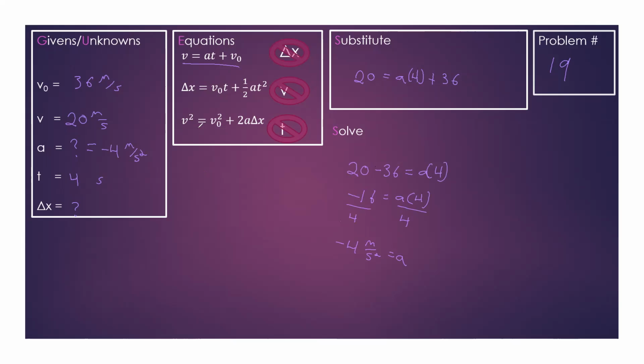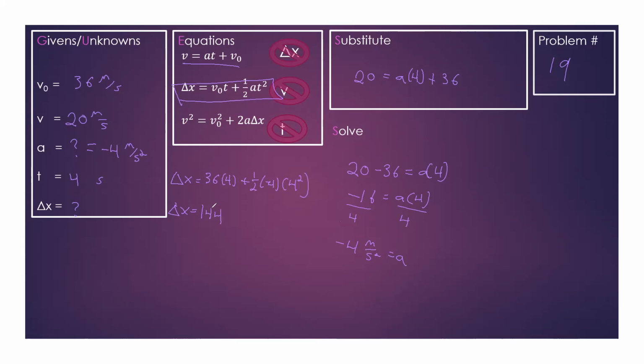Now that I have that, I can use anything to solve for delta x, but I'm going to go ahead and use the equation set equal to delta x. So delta x equals v naught times t plus 1/2 a times t squared. So delta x, 36 times 4 is going to be 60, 120, 144.